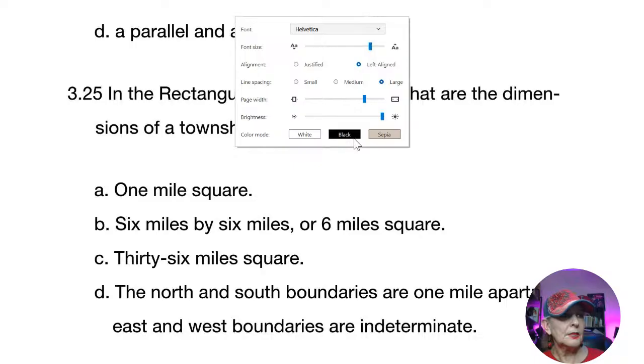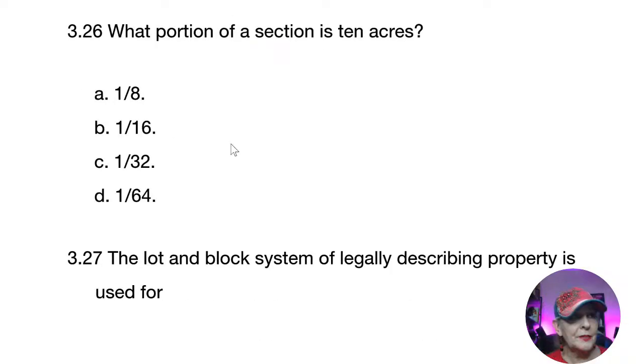Number 36. Oh, here's an interesting one, and I was good at it because I liked it. RD 164. So the size in acres of a subsection of a township is a fraction of 640.